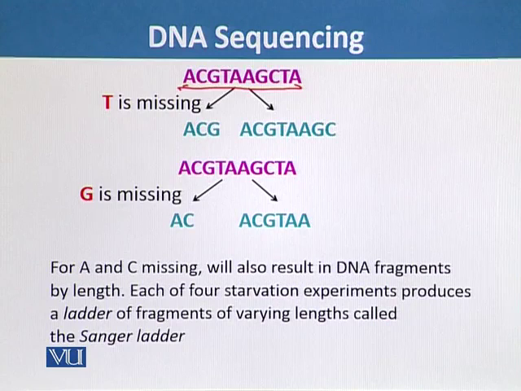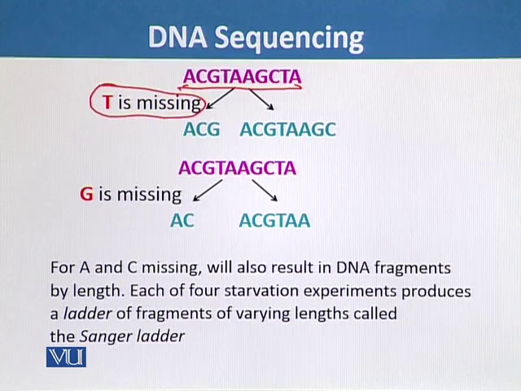In this case, we have limited the thymine in the sequencing process. If thymine is limited, then whenever there is a thymine in the sequence of the unknown fragment, the fragment will be terminated at the thymine. For example, at the first thymine position, we will get only A, C and G.